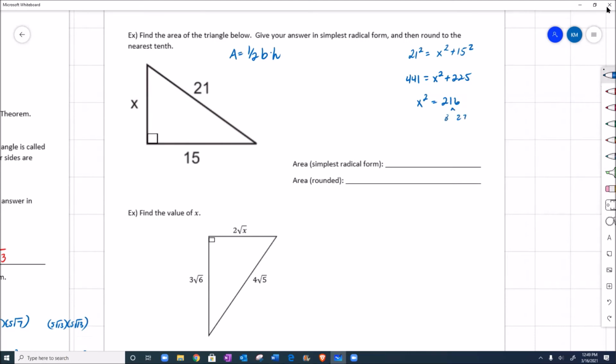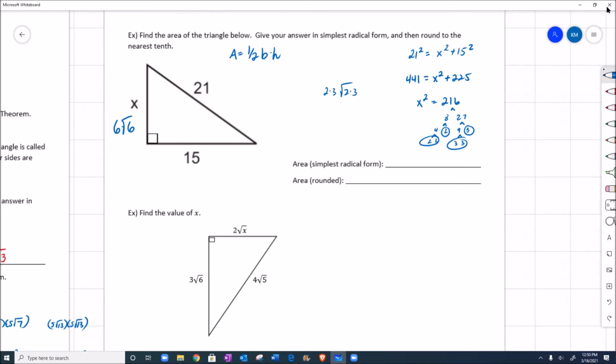So 8 and 27, that's 9 and 3, 3 and 3, 4 and 2, 2 and 2. So we have 6 radical 6 is what x is, because we have 2 and 3 on the outside and then 2 and 3 left on the inside.